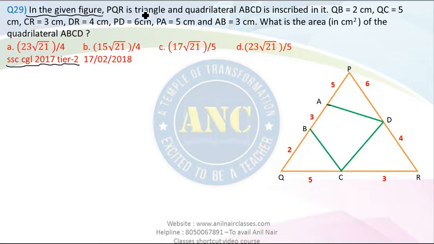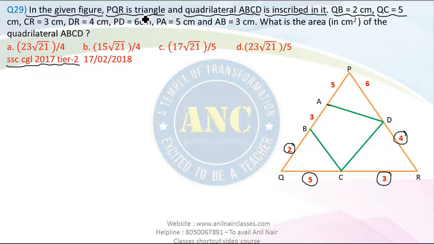In the given figure, PQR is a triangle. The outer triangle is PQR and quadrilateral ABCD is inscribed in it. QB is equal to 2 centimeter. QC is equal to 5 centimeter. CR is 3. DR is 4.